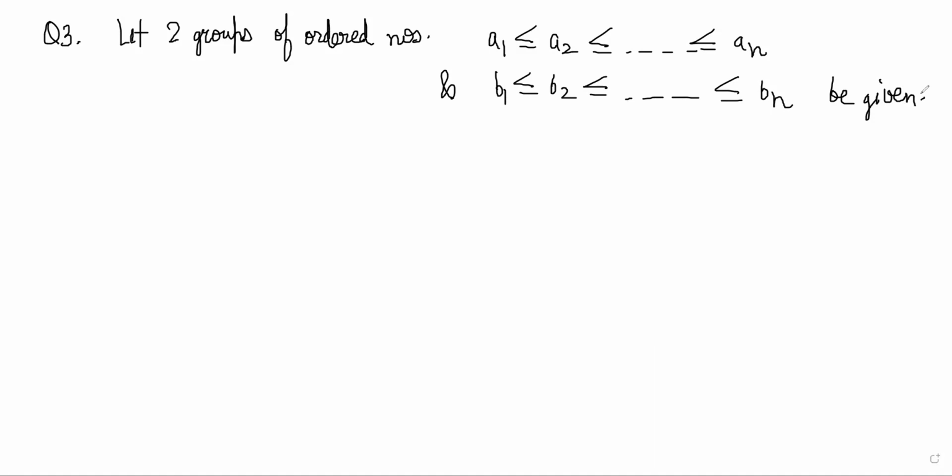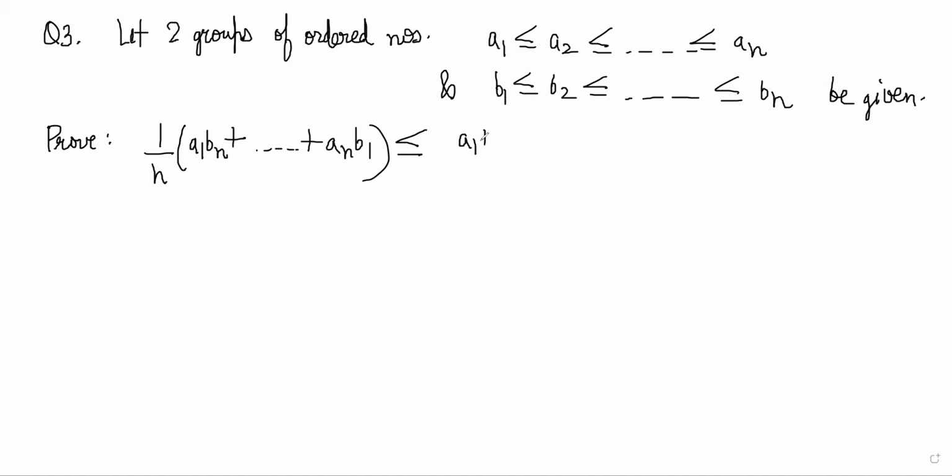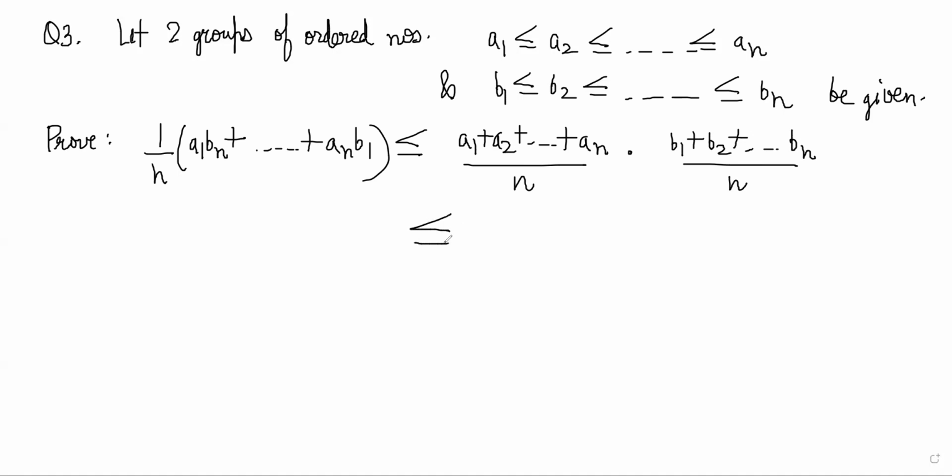We have two sets of ordered numbers as above, and we have to prove that 1 by n times a1 bn plus similarly till an b1, which is like 1 by n times the reverse order sum, right, is less than or equal to a1 plus a2 plus an by n multiplied by b1 plus b2 plus bn by n, and that is less than or equal to 1 by n of a1 b1 plus a2 b2 plus an bn. So think about it.